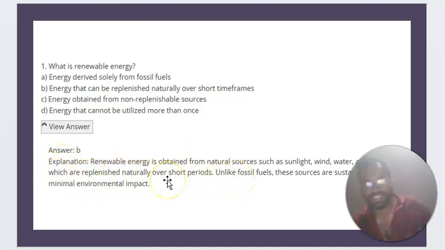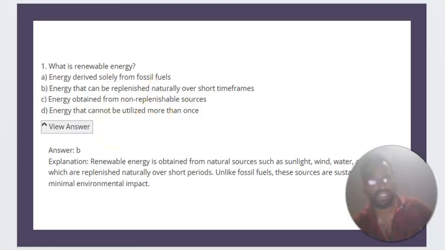Renewable energy is obtained from natural sources like sunlight, wind, water and biomass, which are replenished naturally over a short period. Unlike fossil fuels, these sources are sustainable and have minimal environmental impact. So what is renewable energy? It is replenished in nature within a short time frame. That is the right answer: B.